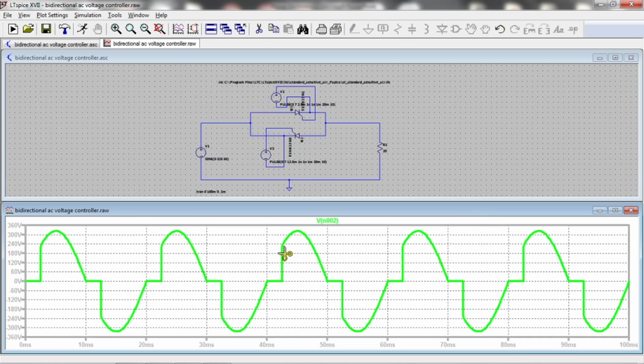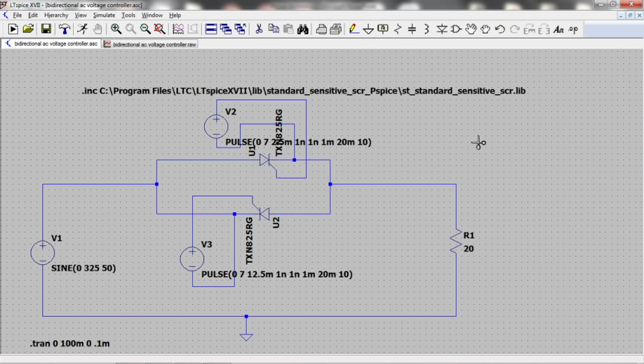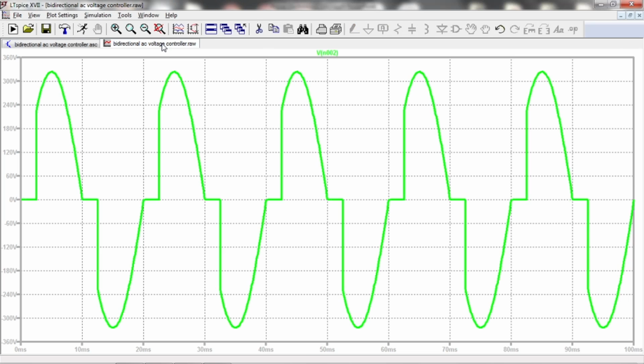Whatever we have shown here is the load voltage. We need to measure the load voltage across the load, so here we have measured it. You can see the load voltage starts at 45 degrees, ends at pi. Again it starts at pi plus alpha, ends at 2 pi.